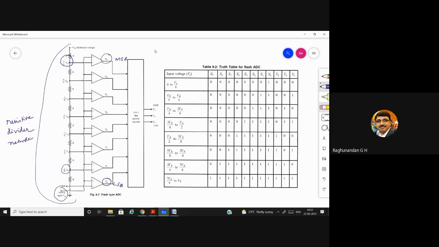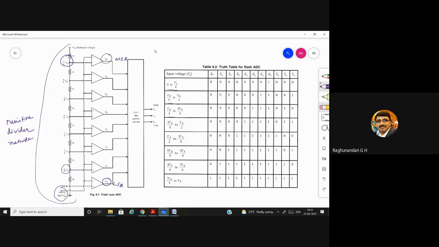Here we have given a range 0 to VR by 8 and VR by 8 to VR by 4, and like that we have given different ranges. Suppose the analog signal voltage is in the range of 0 to VR by 8.